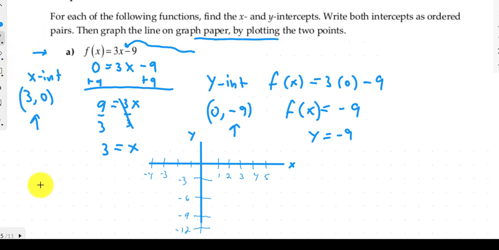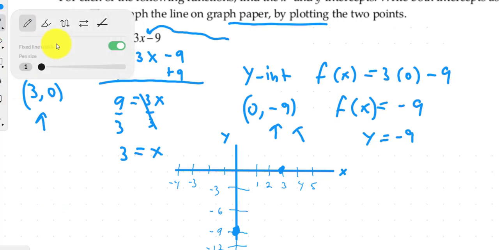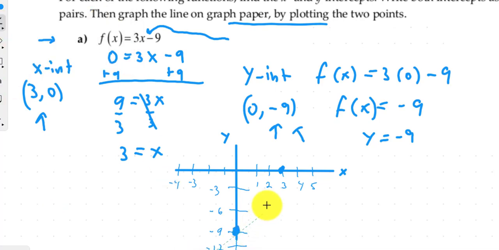So I want to plot 3, 0. So here is 3, 0. And then I want to plot this 0, negative 9. So that looks something like this. And then my graph, or my line, if I can kind of get through both points, something like that. That's what my graph might look like, okay?